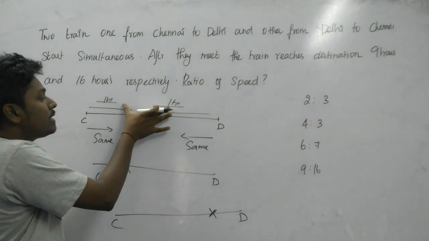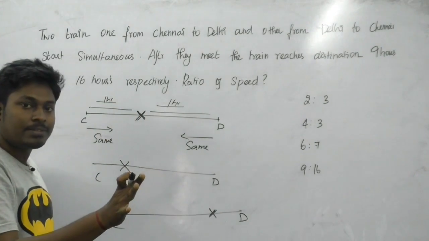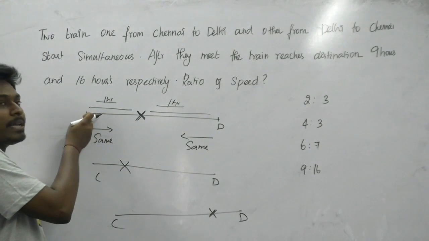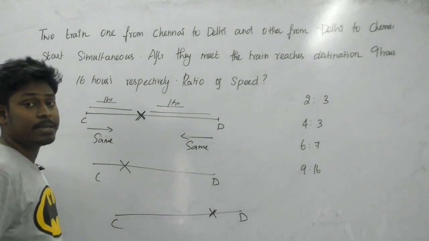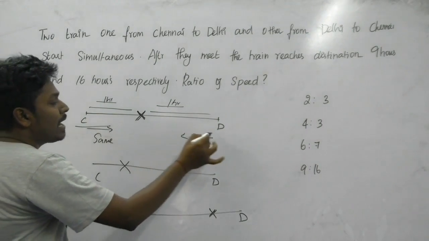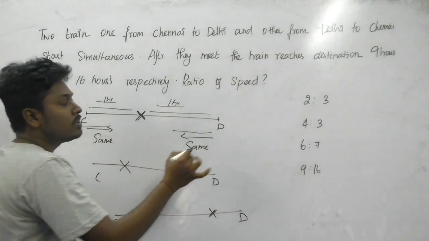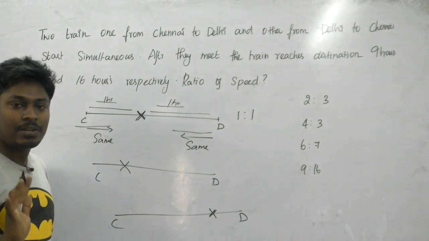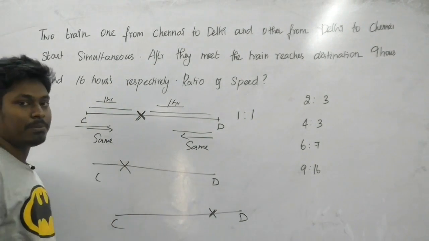Why? Because the trains meeting at the center point take the same time after crossing. From this we can clearly say that the speed of train 1 and speed of train 2 should be the same, so the ratio will be 1:1. Understood? Clear in the concept? This is concept number 1, right?